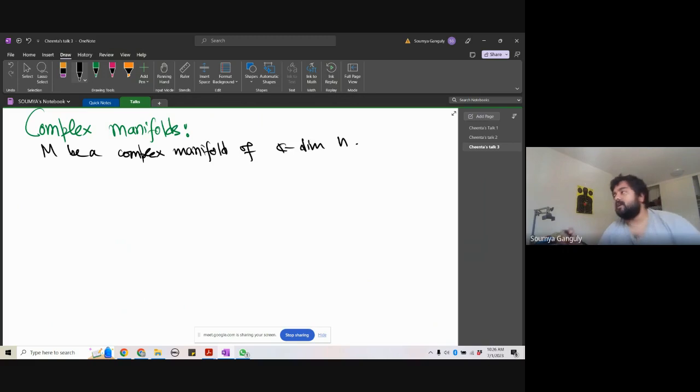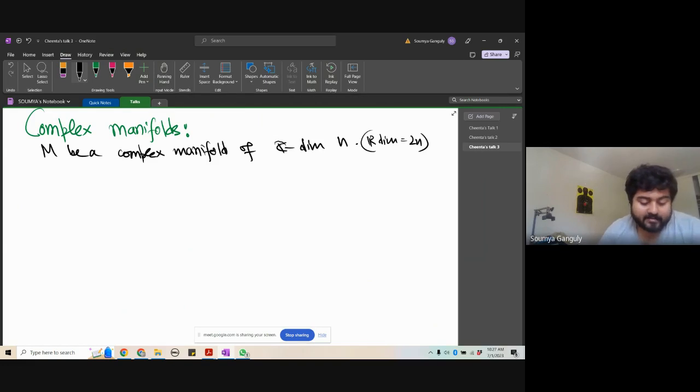You always have to be careful when working on a complex manifold, because a complex manifold of complex dimension n has real dimension 2n. Why? Because C itself has real dimension 2. A complex plane is the same as R2.